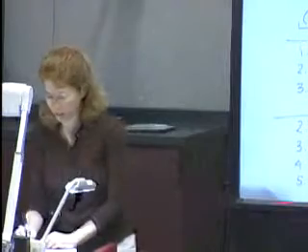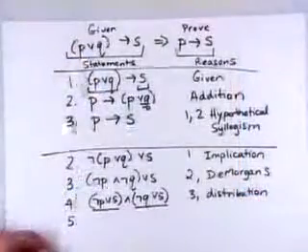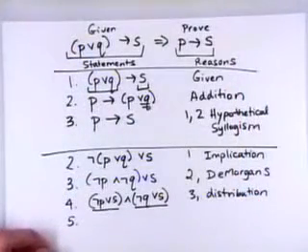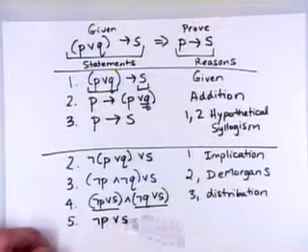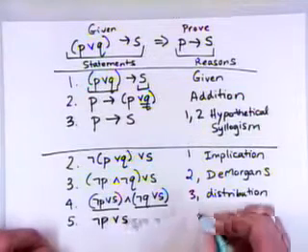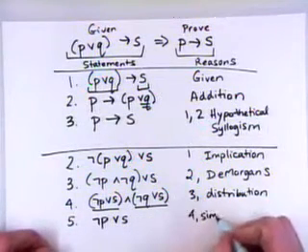So using that rule, I have two items ANDed together here, so I can simplify to get just one of them. But it's very important that it's an AND operator, because if it were an OR, I wouldn't know which one was true. But since it's an AND, I know that both of them are true, so I can simplify and say, if both of them are true, then one of them must be true. And that's from line 4 and the simplification rule.